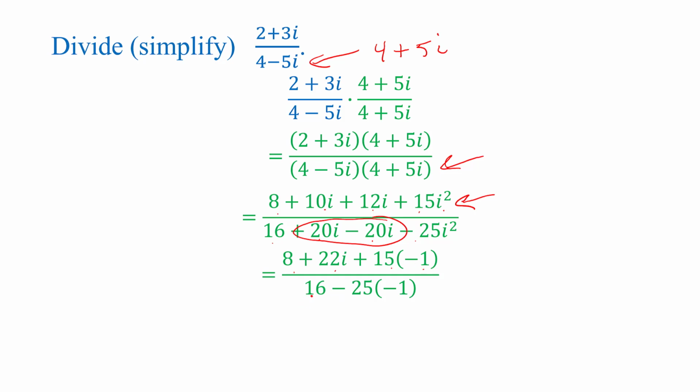In the denominator, then we would have 16 minus 25, and then remember i squared is negative 1. We're almost there, so 8 minus 15 would give us negative 7, and then plus 22i in the numerator over 41 in the denominator. So this would be our final simplified answer, and our goal here was to get a real number in the denominator.